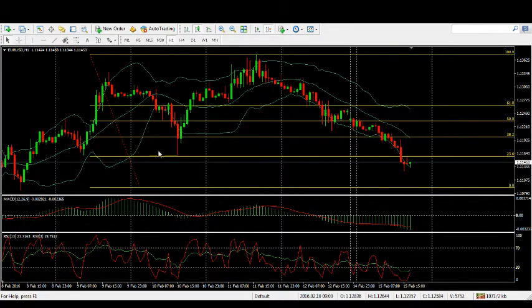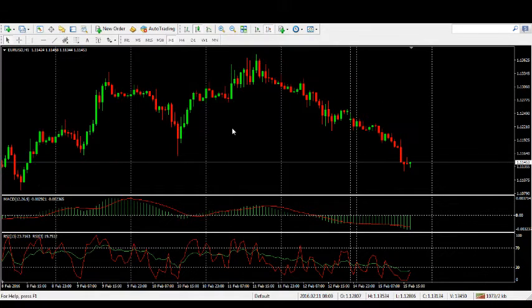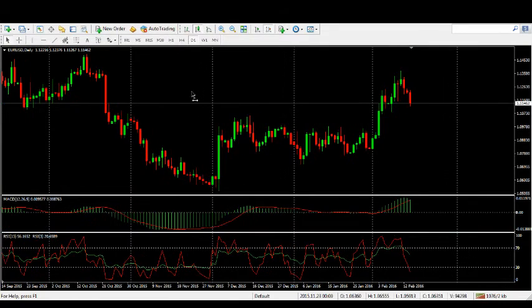But if we want to, what will happen? I will delete it. I just wanted confirmation. I want confirmation of the trend, which I will see on 4 hours, maybe the day chart.